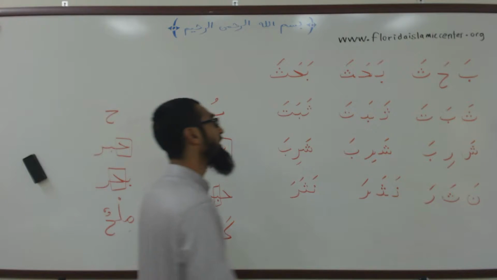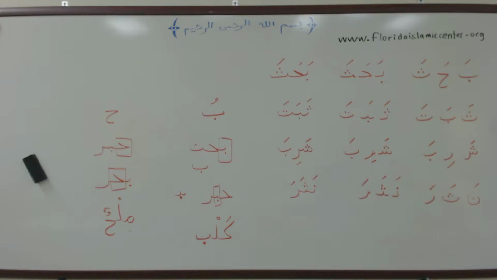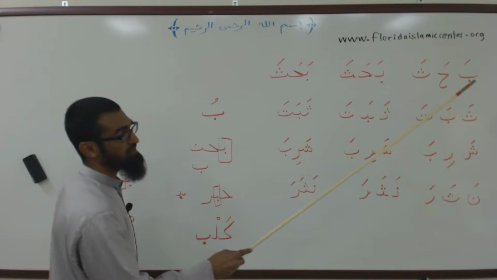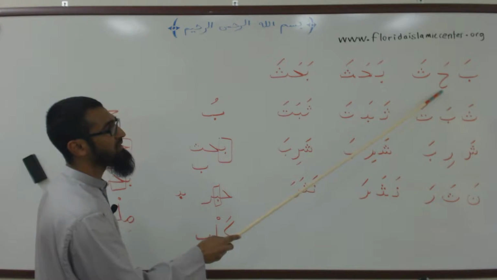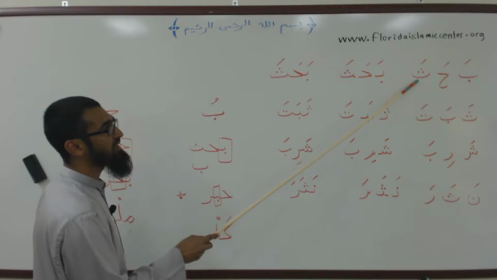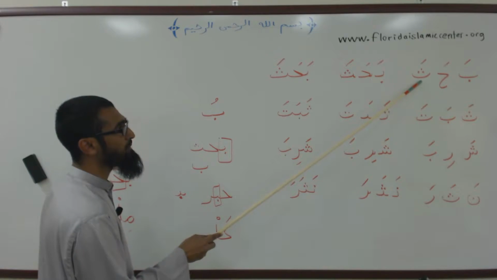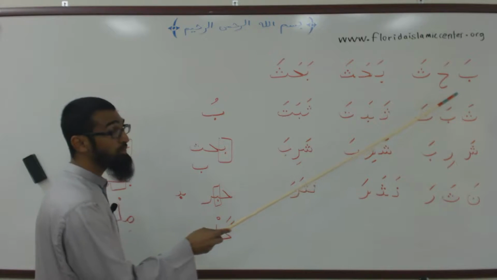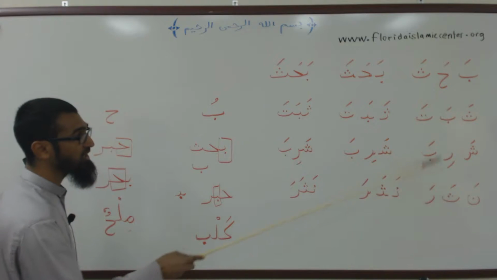Okay, I'm going to use the stick so that I don't have to block the letters. Let's try pronouncing this, everyone. Ba, ha, tha. Now, when you put them together in a word, it's not going to look like this. This is just here to simplify it for you because you're learning.